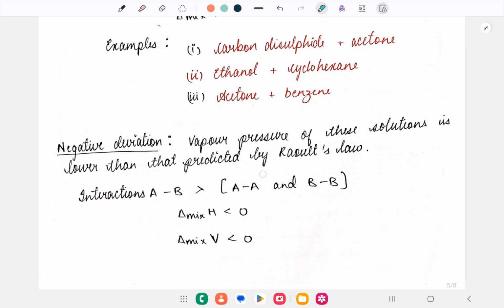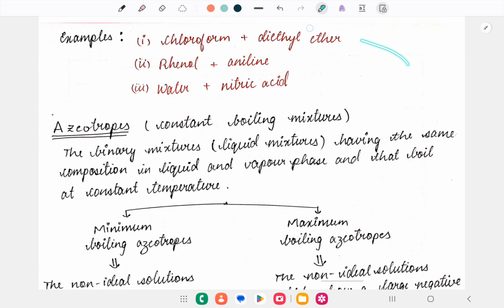This is because the AA and BB bonds are easily broken while the AB bond is stronger. Consequently heat is evolved and the volume of mixing is also negative. Some of the examples are provided.